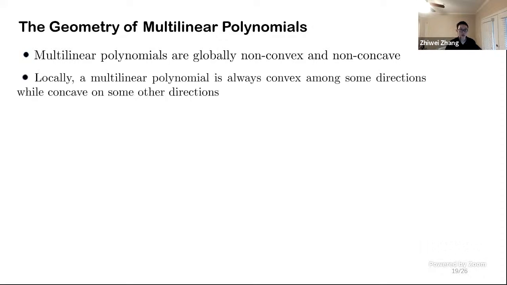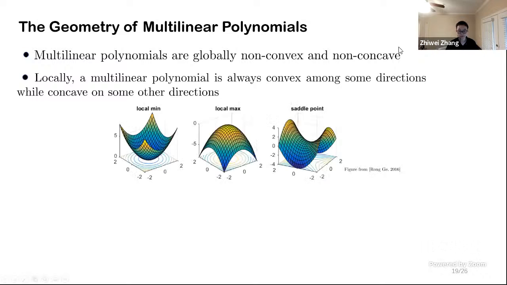But locally, multilinear polynomials are always convex along some directions while concave along some other directions. As a result, neither a bowl-shaped local minimum nor a local maximum can appear on the surface of multilinear polynomials. The only place which may trap our search is such a saddle shape.